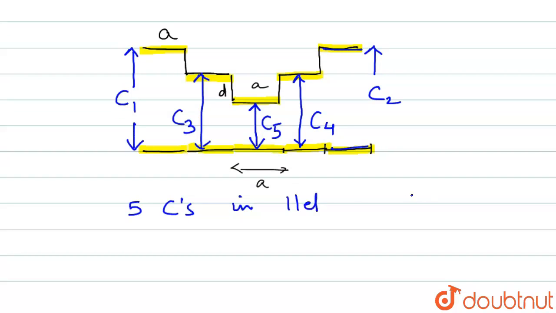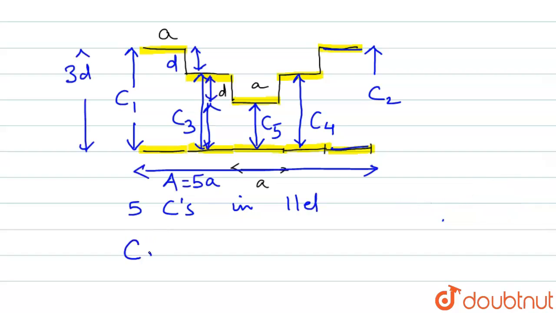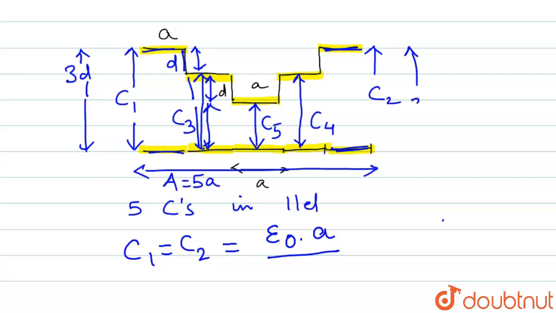As we know, the capacity in air medium is given as A epsilon 0 divided by d. First of all, we are taking C1 and C2 as they are equal. So this expression will be epsilon 0 into small a divided by d, and in place of d we are taking this d and this d. So the total distance between these two plates and between these two plates is equal to 3d.